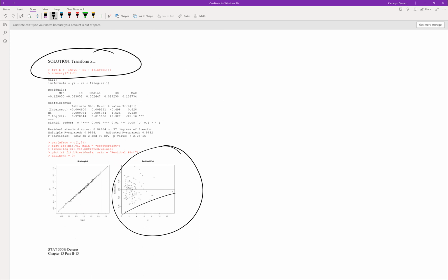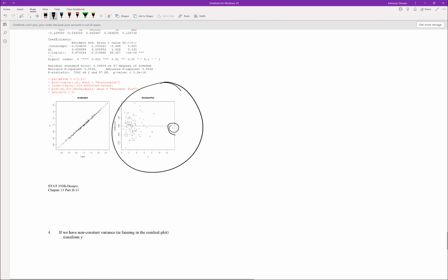Still not perfect, but it looks a lot better than before. We might have to do some fixing. We might just have this influential point out here that might be pulling our line that we might be concerned about. But other than that, it looks much better than before.